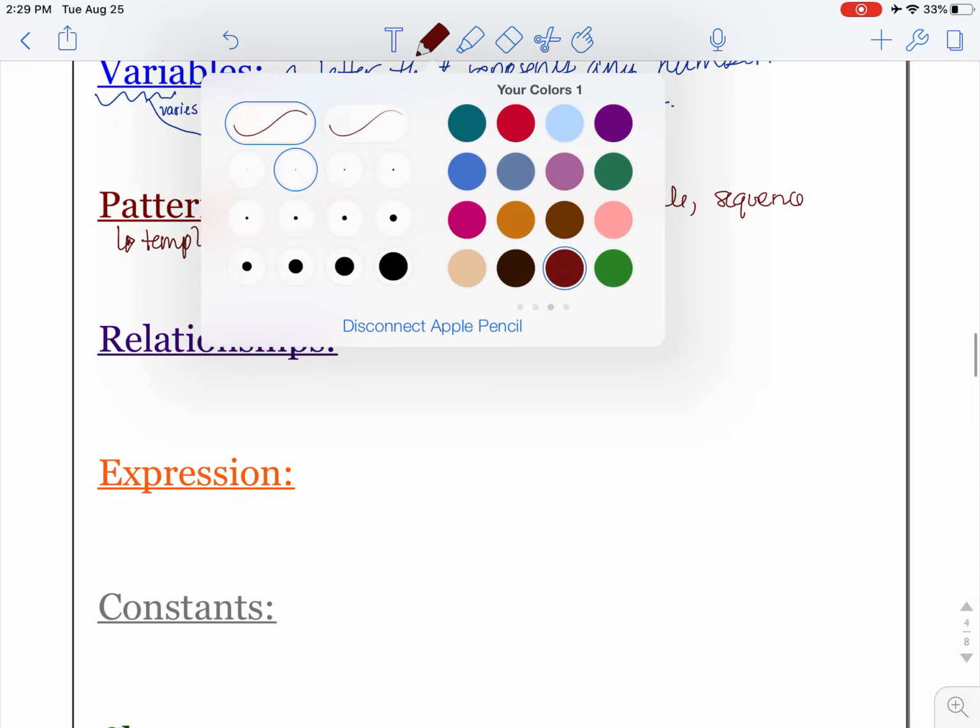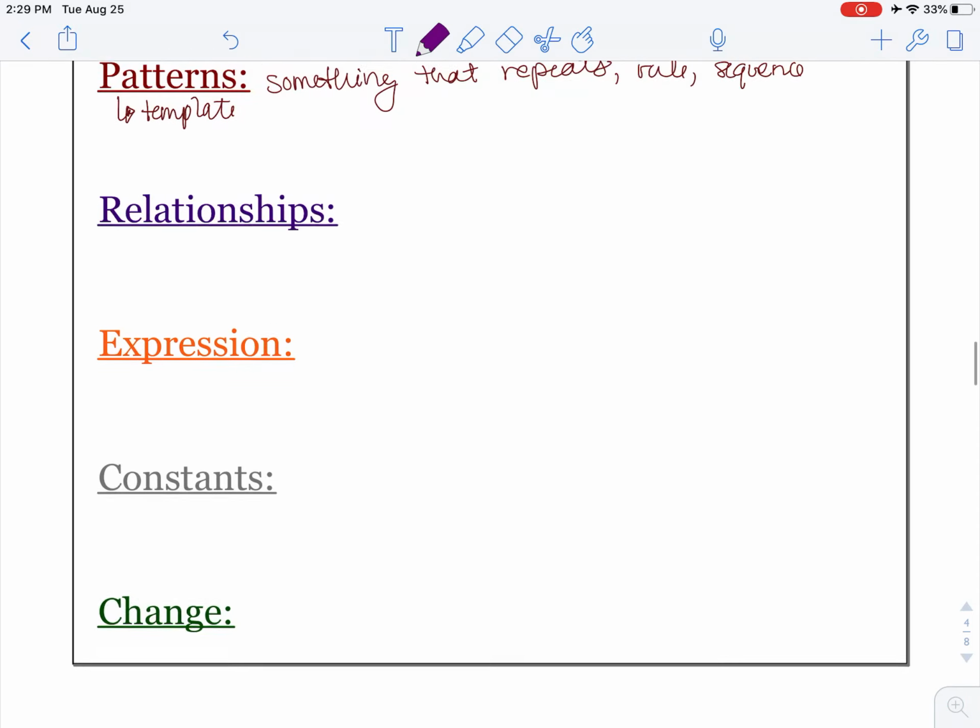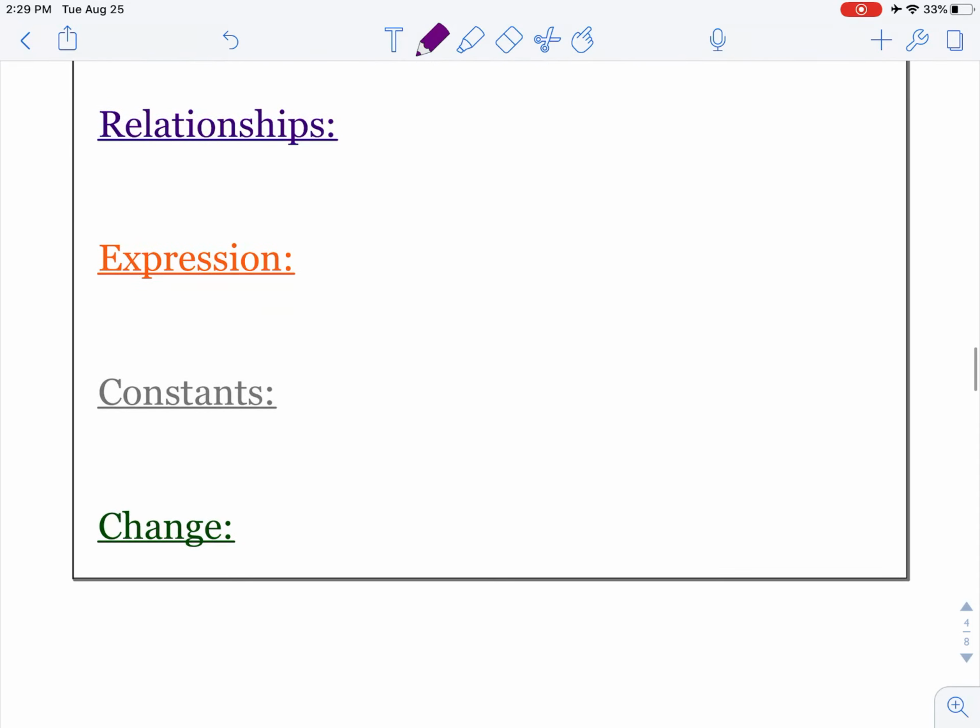A relationship, whether it's among people or numbers or whatever, means having something in common and having a common connection. Having a connection, something in common.